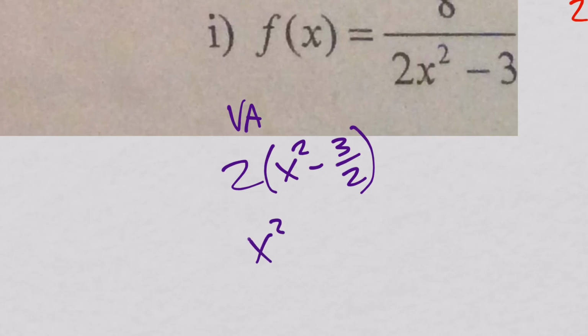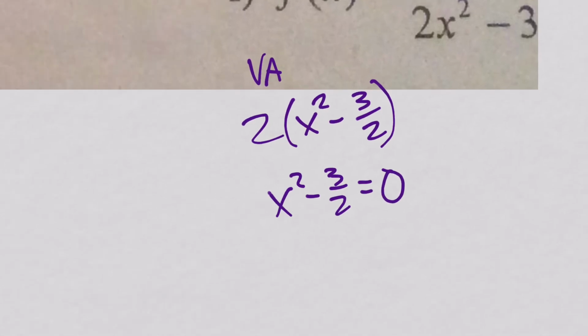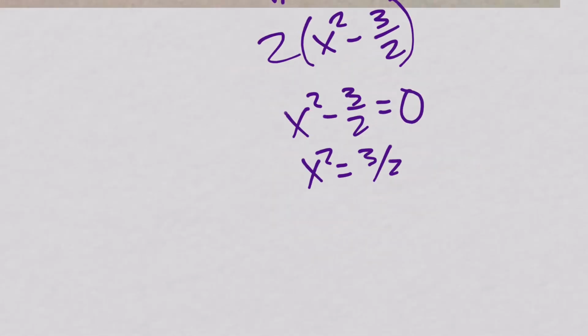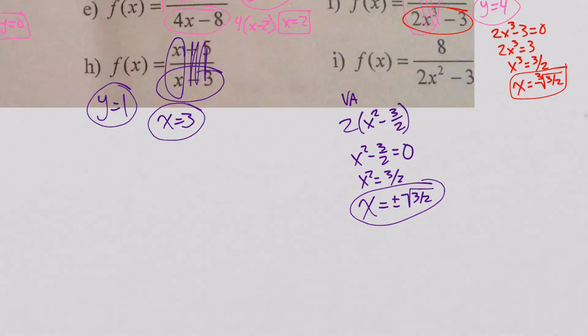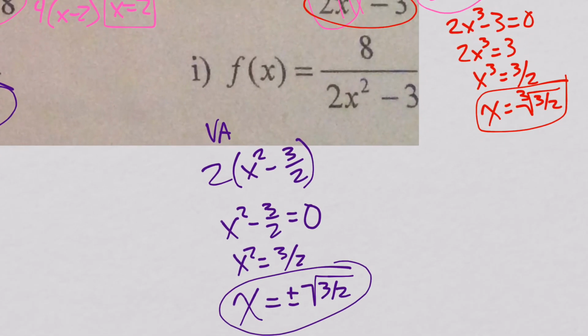So if you set x squared minus 3 halves equal to 0, you will get x squared equals 3 halves, which means the two vertical asymptotes will be at x equals plus or minus the square root of 3 over 2. So not nice numbers, but still giving us vertical asymptotes. Horizontal asymptote, the degree is larger in the bottom, so that means y equals 0 for the horizontal asymptote.